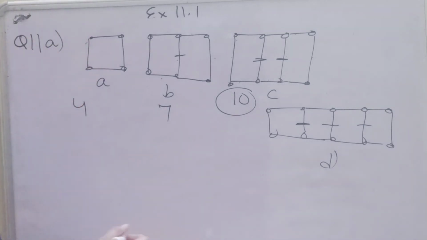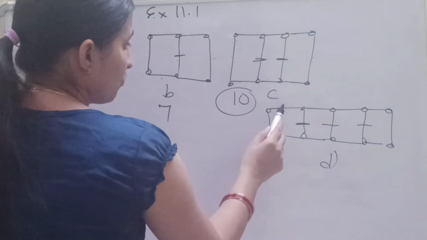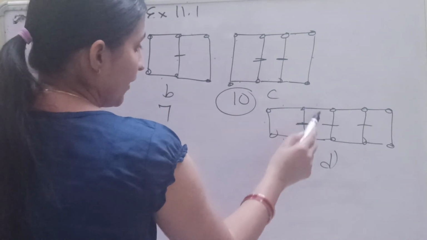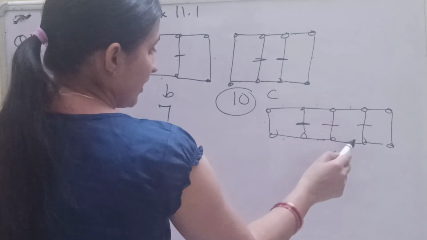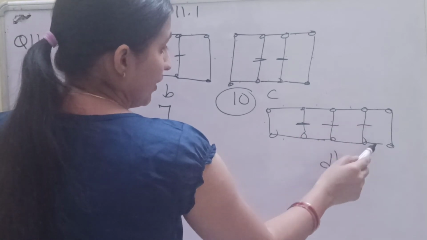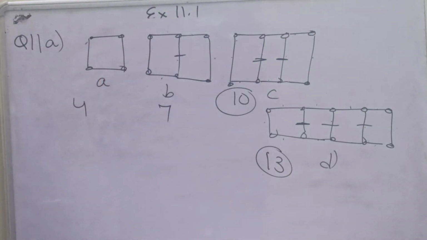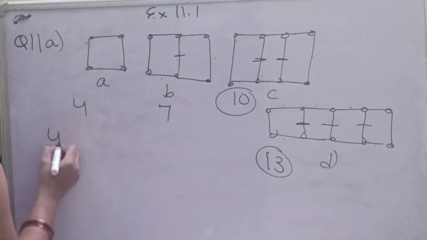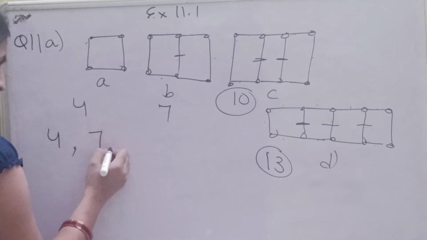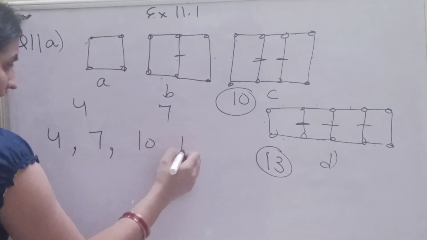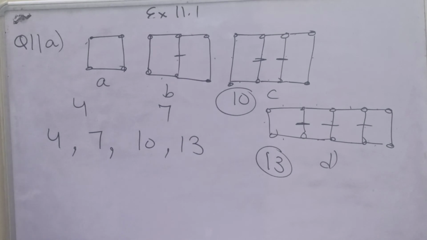And in D, 1, 2, 3, 4, 5, 6, 7, 8, 9, 10, 11, 12, 13. 13 matchsticks are used. So what will we observe? That we have used 4, 7, 10 and 13 matchsticks. So this is not in a proper order like we had earlier.